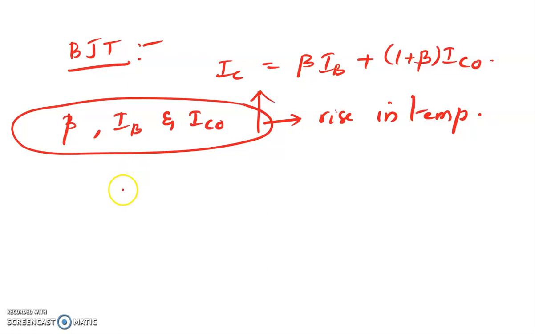In particular, the reverse saturation current or leakage current ICO changes greatly with temperature.